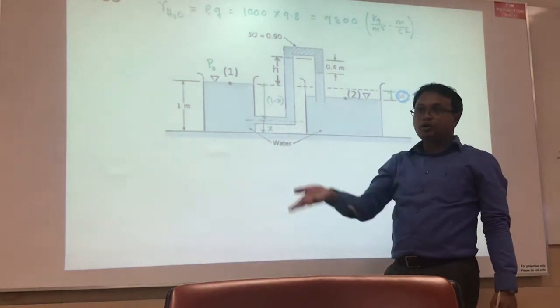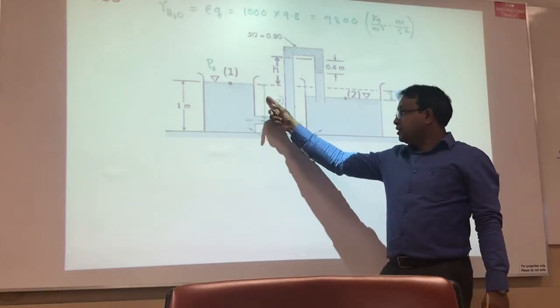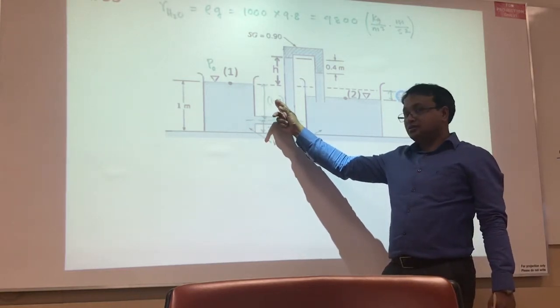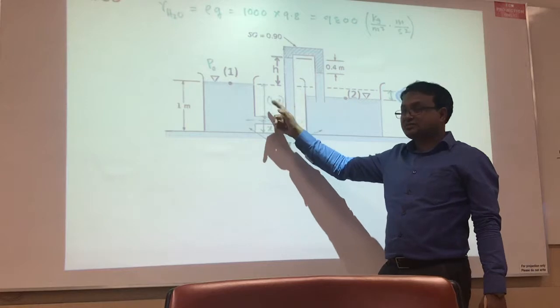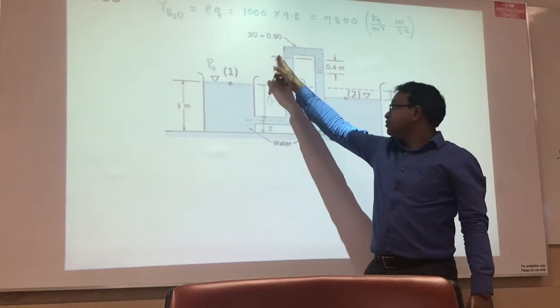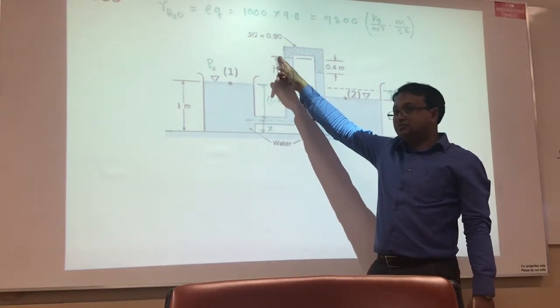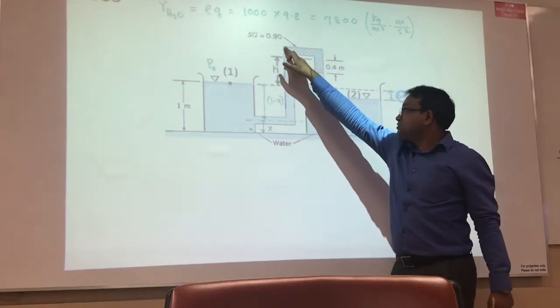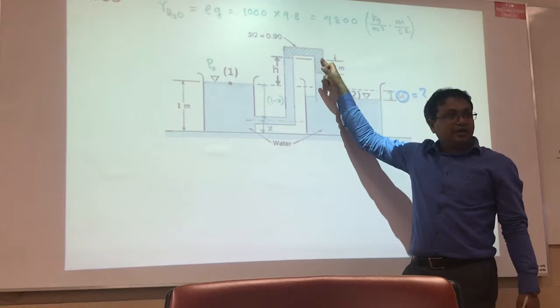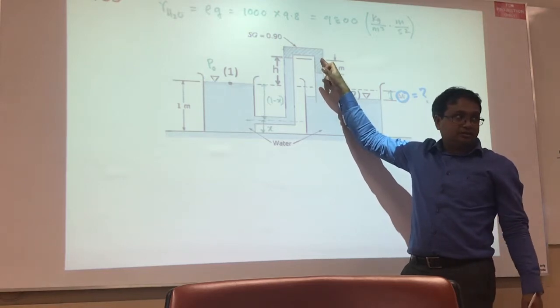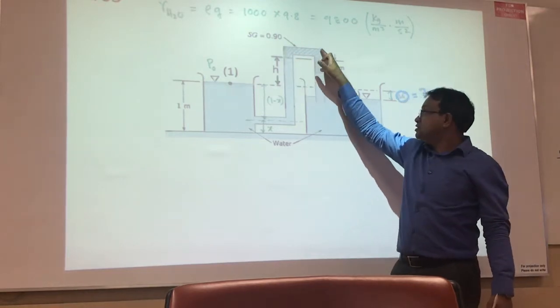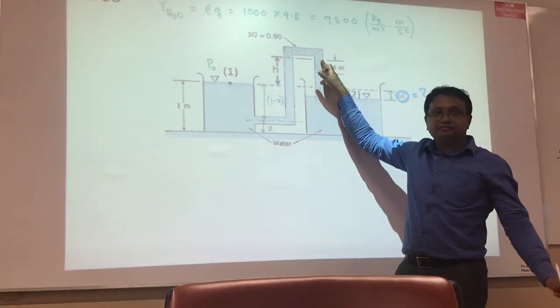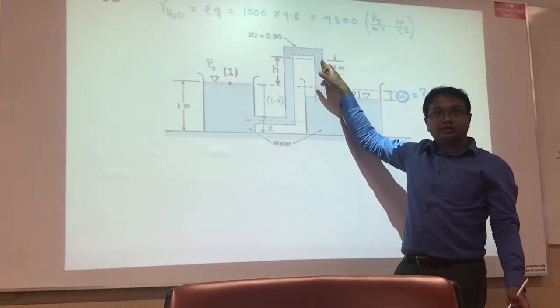Upward is negative, downward is positive. From here, rho g times 1 minus x. From here to here, same fluid, rho g times h. Very good. This distance and this distance are the same, right? And we can cancel each other. Because this is negative, this is positive. Same fluid, neglect. But different fluid, no, you have to consider.